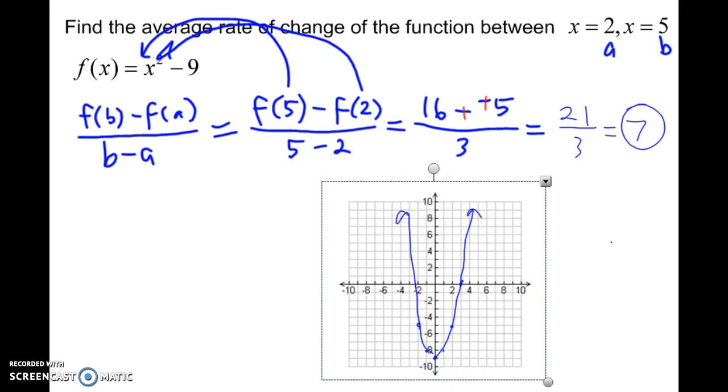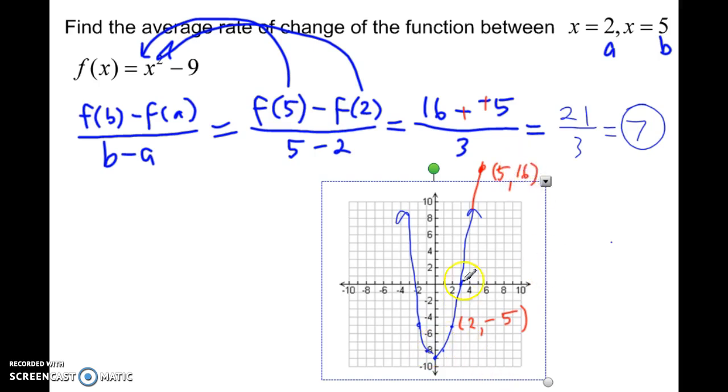If I were to try and plot these points, when x is 2, that would be a y value of negative 5 there. And this is going to be hard to see, but when x is 5, it's going to be way up here, a point way up here at 5, 16.